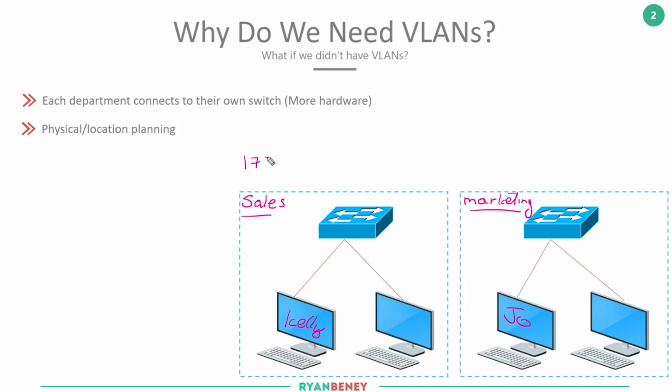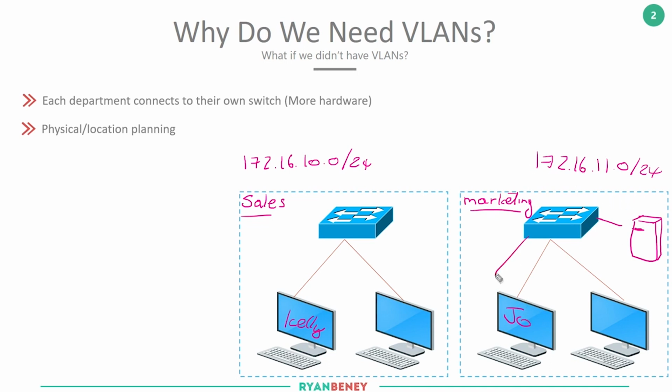Let's say the sales are in 172.16.10.0/24, and the marketing is in 172.16.11.0/24. Off the back of the marketing, we have the marketing server, and that sits inside the same subnet.